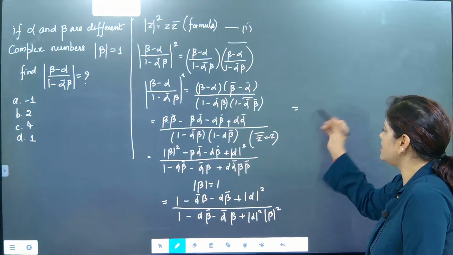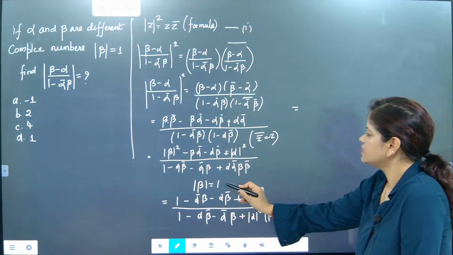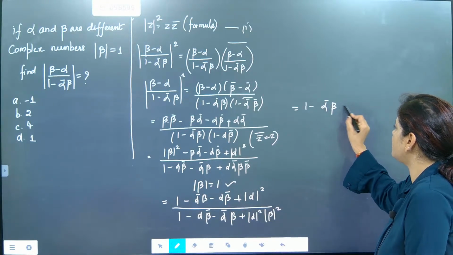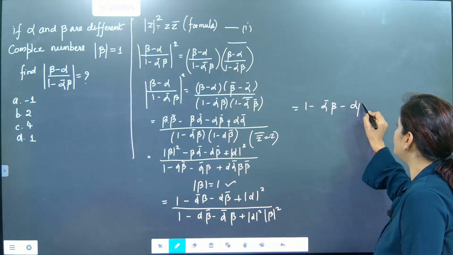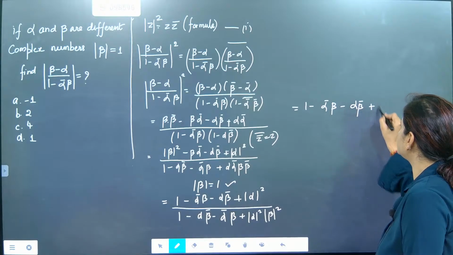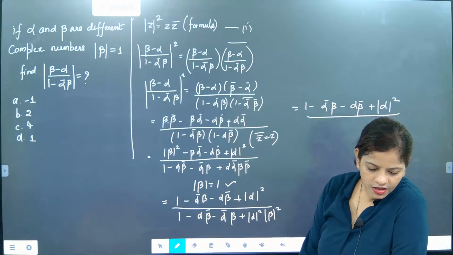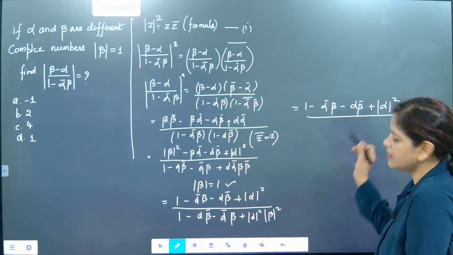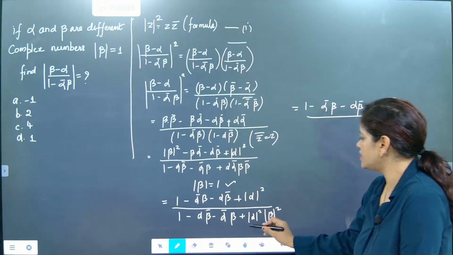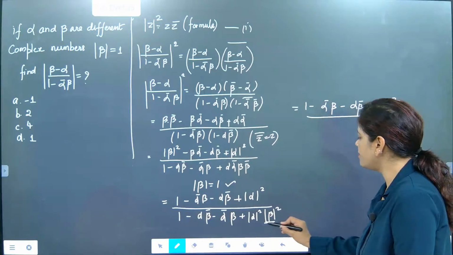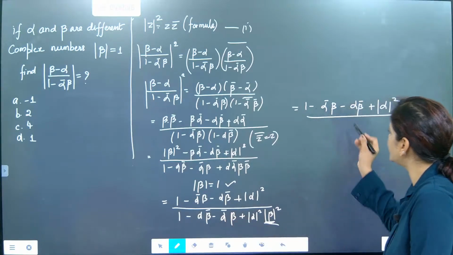Actually we are on the verge of getting the answer. So by using this concept, now it is coming 1 minus alpha bar beta minus alpha beta bar plus this section square. It is coming in numerator. Same, we are going to write in the denominator, alpha bar square, this part, because this section will become 1. So once this section becomes 1, now it is similar to that of the numerator.